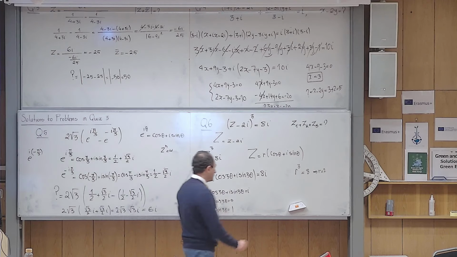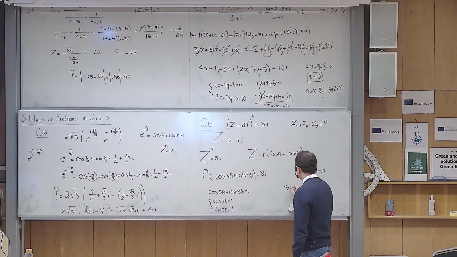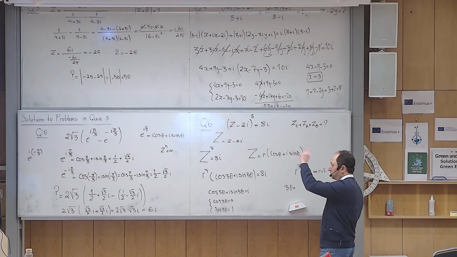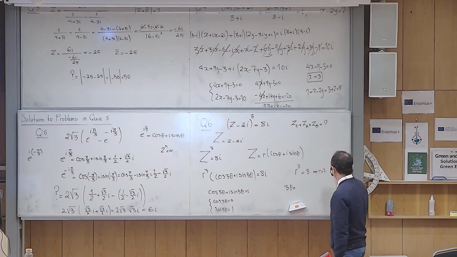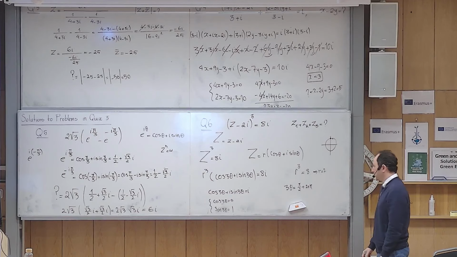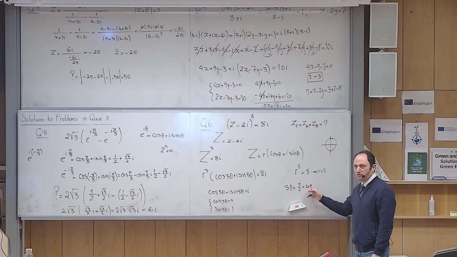And what is 3 theta then? 3 theta is pi over 2 up there. Cosine should be 0, sine should be 1. So it means that 3 theta is pi over 2, plus any multiple of 2 pi. But you remember I told you how many of them will give rise to distinct solutions.